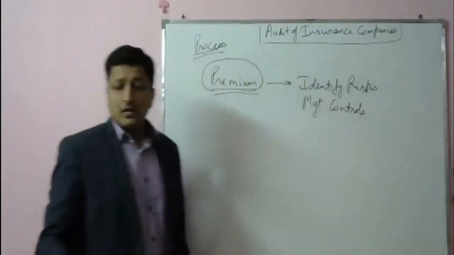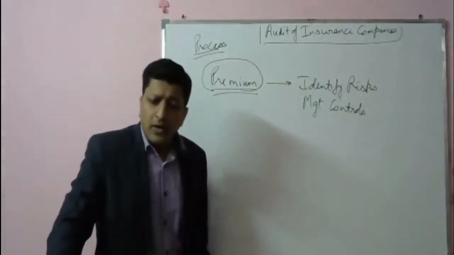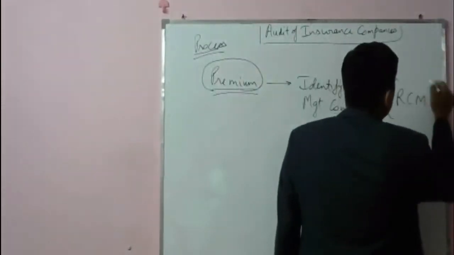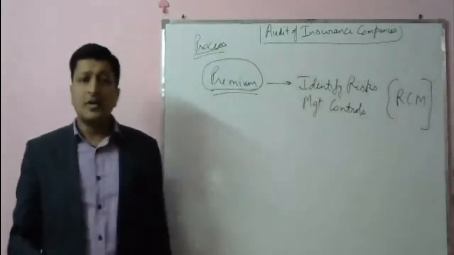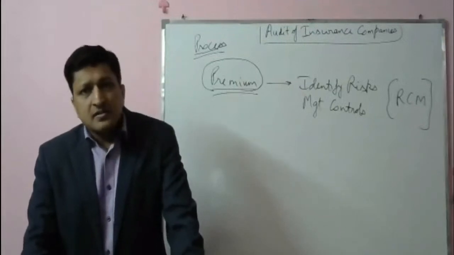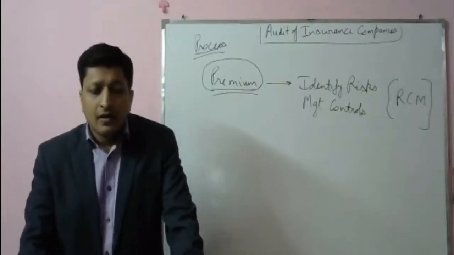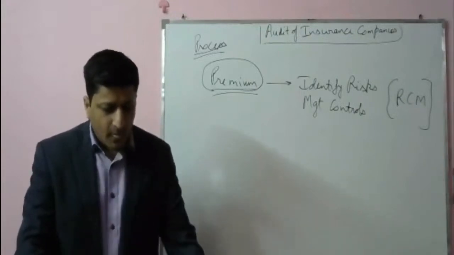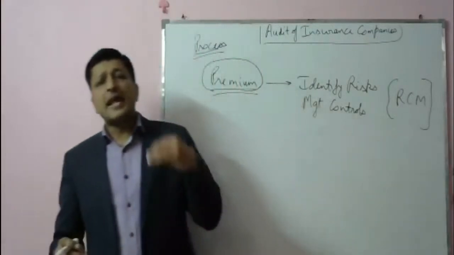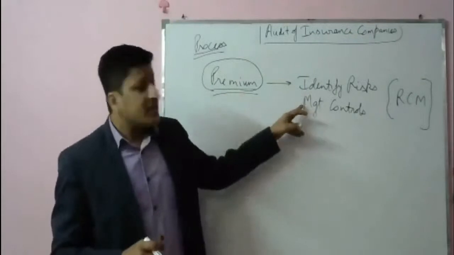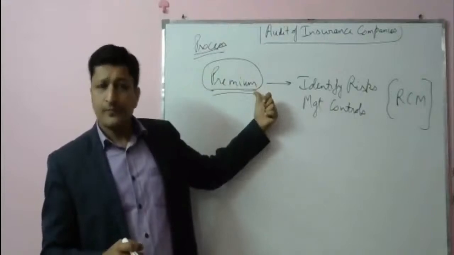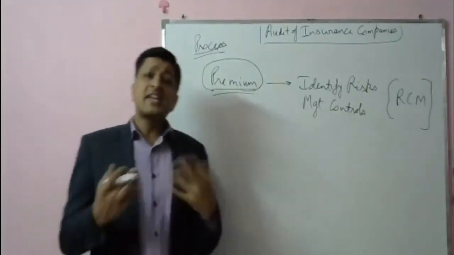That means the control assessment, or in other words, which is also called as RCM metrics, is what the auditor will understand. RCM metrics means risk control metrics. So this is one thing which the auditor will try to understand. Now these are all general audit procedures which would apply to any process. So that means same general audit procedures will also apply to this process.